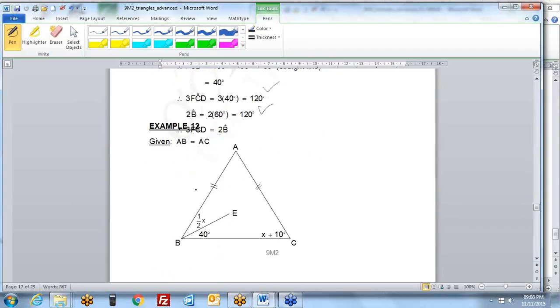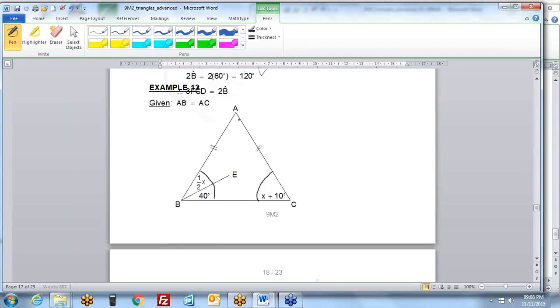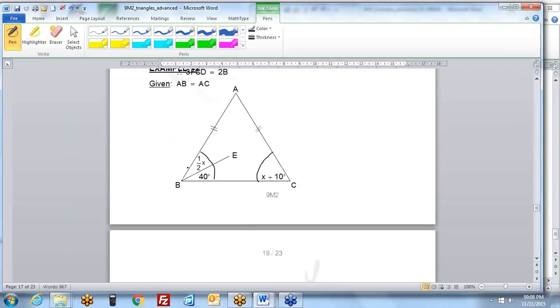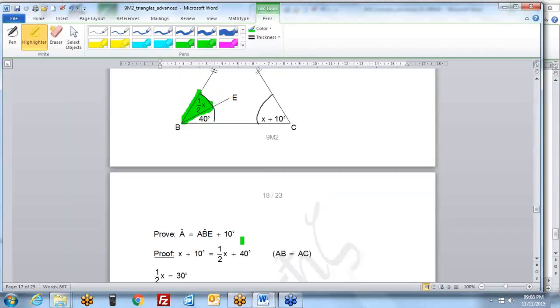All right, then we do example 12. Given AB equals AC, in other words, this angle will be equal to that one in size. You need to prove that angle A is equal to angle ABE, in other words, this angle plus 10 degrees.